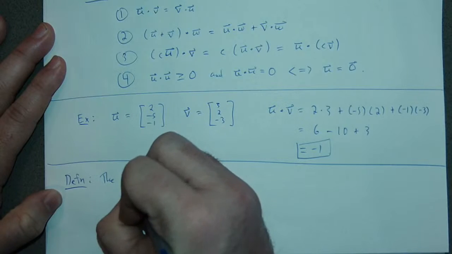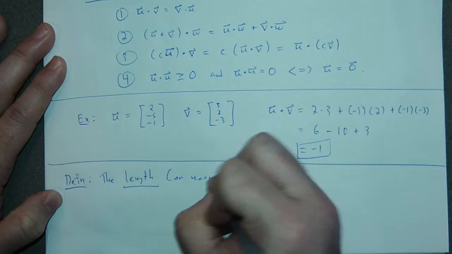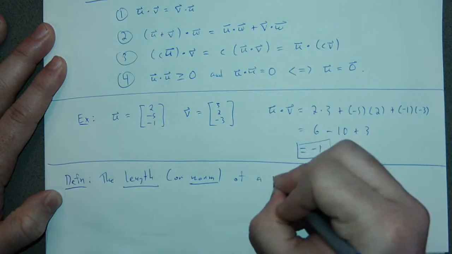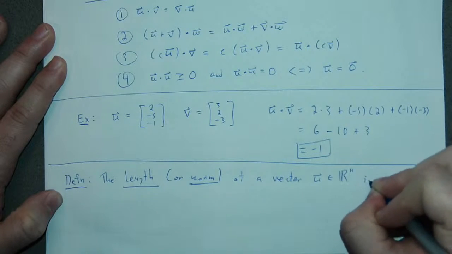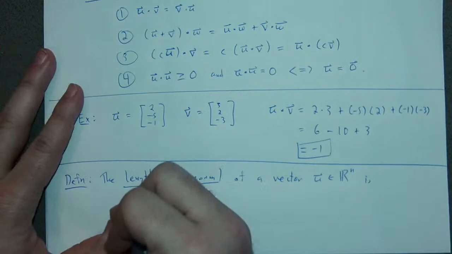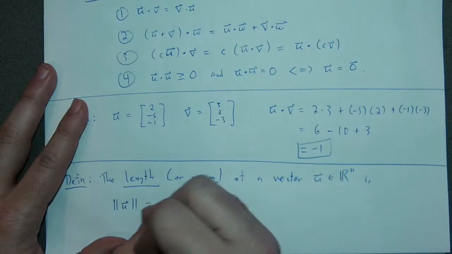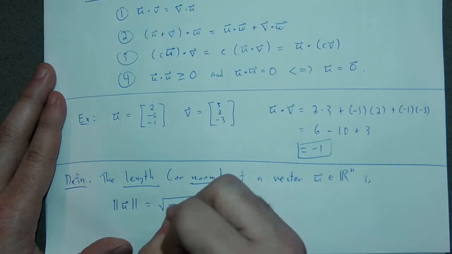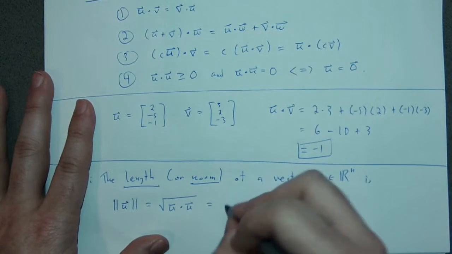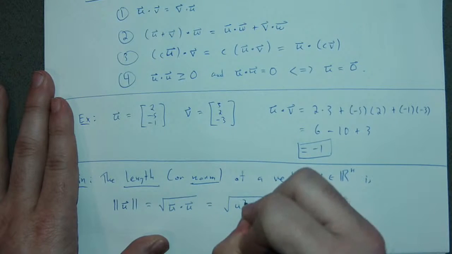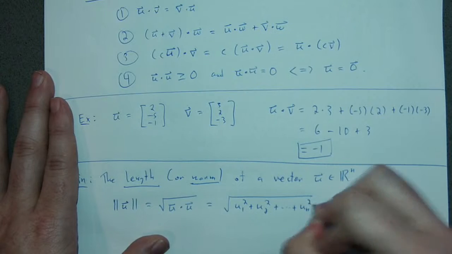The length, or norm, of a vector u in R^n is defined to be the length of u, which is the square root of u dotted with itself, which is the square root of u1 squared plus u2 squared, and so on, to un squared.